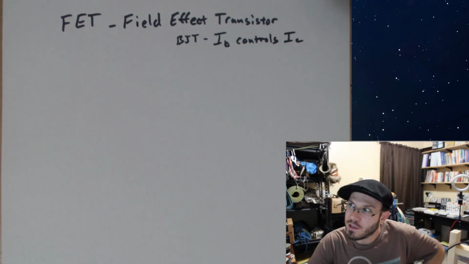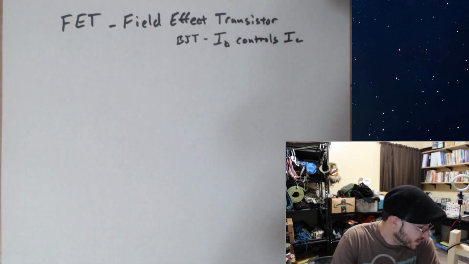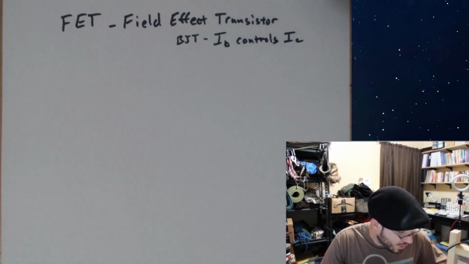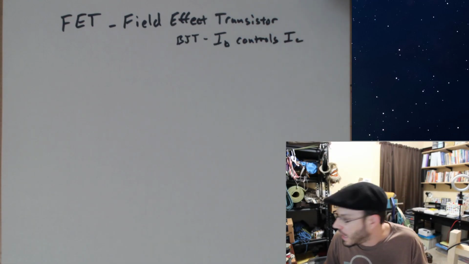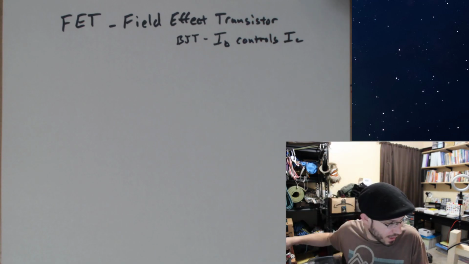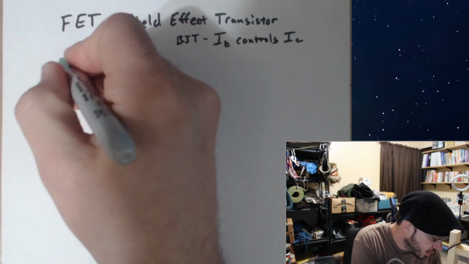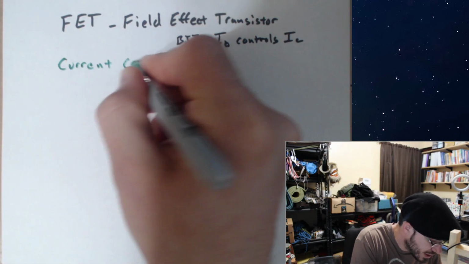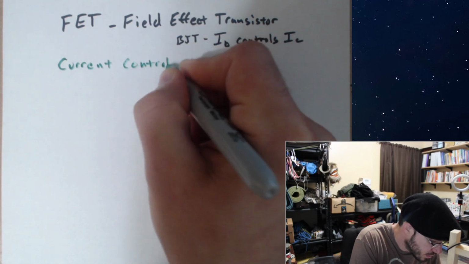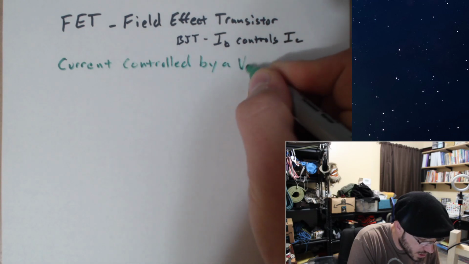However, with a field effect transistor, that's actually going to change for us. Instead of the current being controlled by another current, IB, now what we're going to have is a really cool situation where the current is controlled by a voltage.